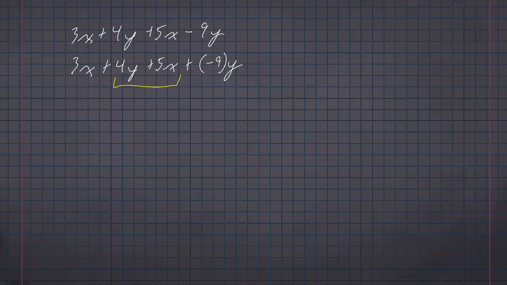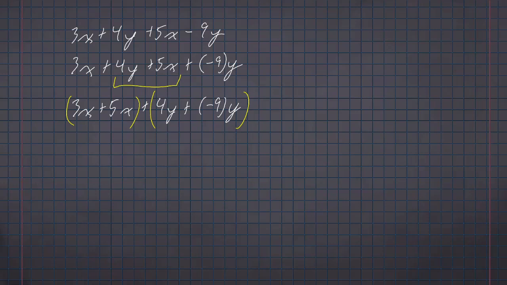We can look at this bit of addition first, and we can swap the order in which it is written. Then we can use the associative property to evaluate this first and evaluate that, and then worry about the rest later. 3x plus 5x, those are like terms.